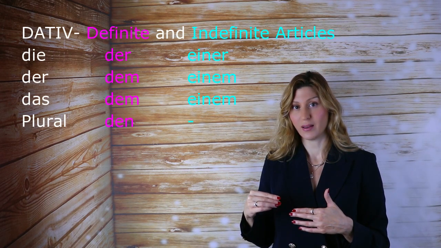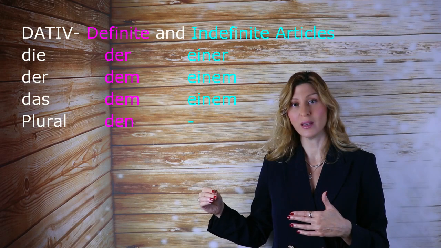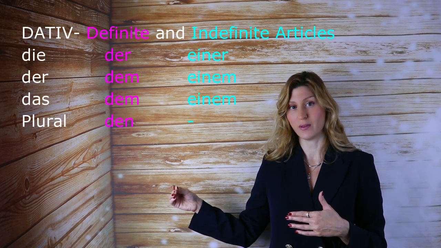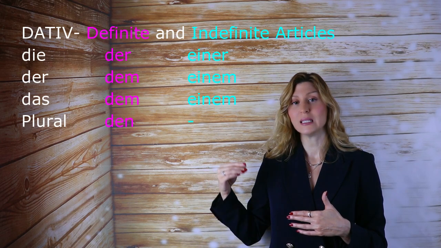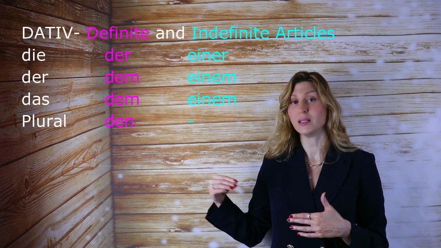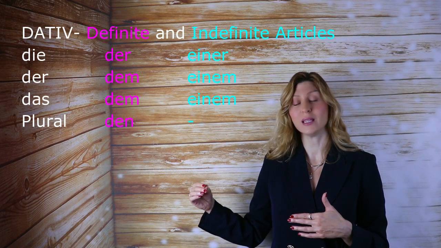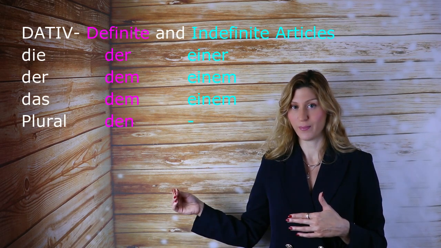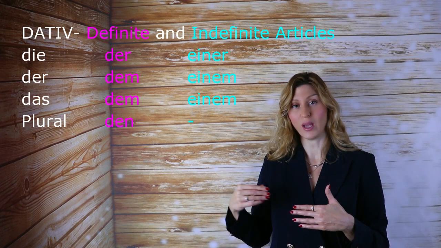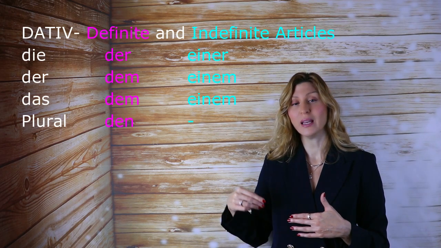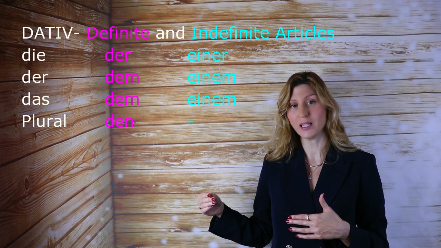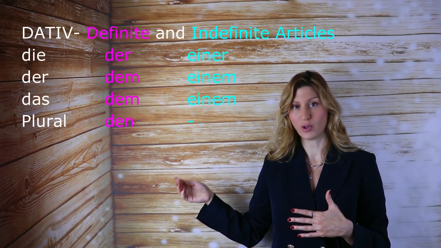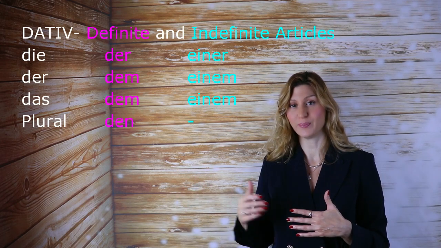Der is dem in Dativ, and the indefinite is einem. Das is dem in Dativ, and the indefinite is einem. And then we have plural definite, den in Dativ, and there is no option for plural indefinite.